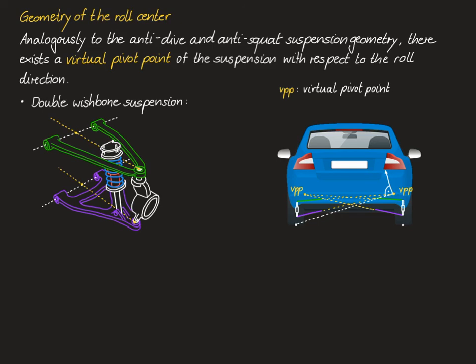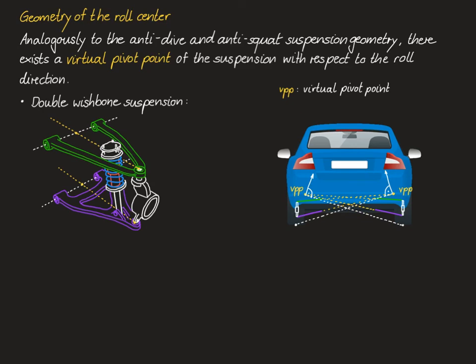Hence, we deduce that the roll center must lie somewhere on this white dashed line, because the roll center can only be the center of rotation if every point of the chassis has a velocity vector that's perpendicular with its connection with the roll center.